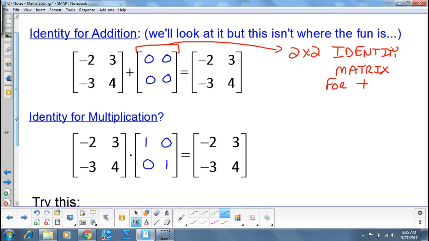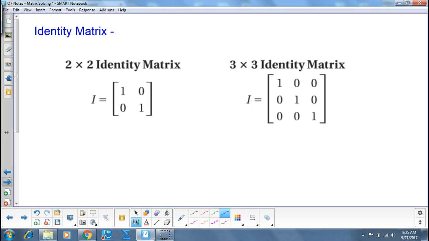So that's the 2 by 2 multiplicative identity. What would the 3 by 3 look like? Left to right, top to bottom. It would be 1, 0, 0, 0, 1, 0, 0, 0, 1. Yep, so it would look like that, right there.